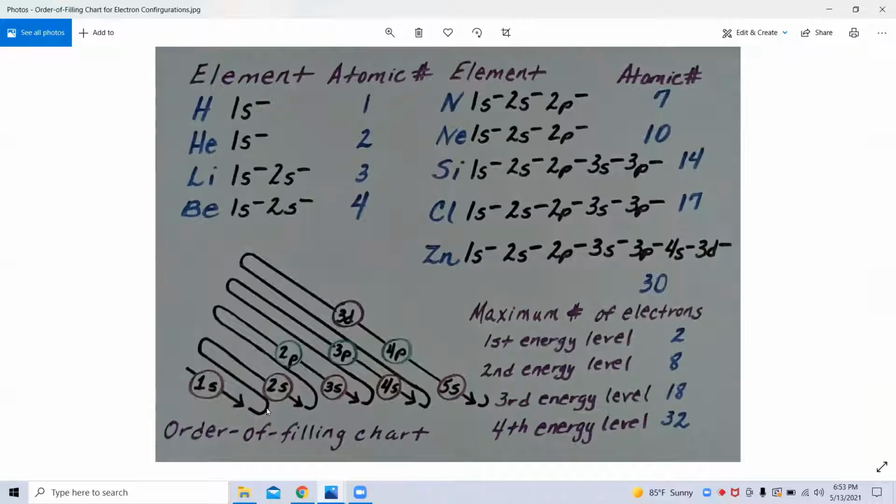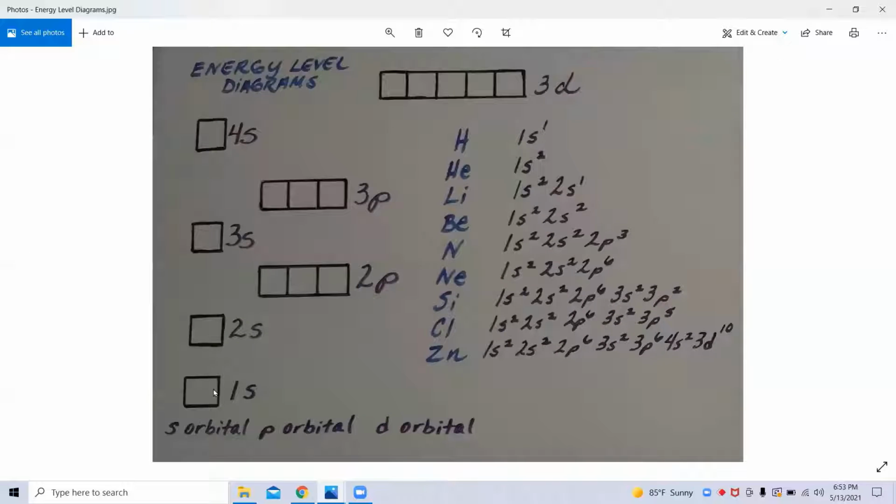So you put the 1s first, you go in the direction of the arrow, then the 2s, then the 2p, then the 3s, then the 3p, then the 4s, and we're going to stop at 3d for purposes of this video. So going back, here they are: the 1s, 2s, 2p, 3s, 3p, 4s, 3d. Now you know what order to put them in.